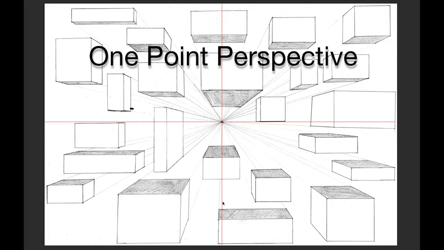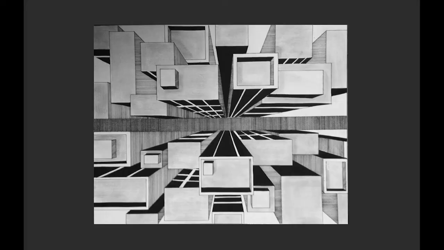If you actually face directly at something, then you have this vertical line, and this horizon line relates to where your eye level is. And so everything comes from this place. This is 1 point perspective. Same thing, everything goes to 1 point, and all these lines come off of it.